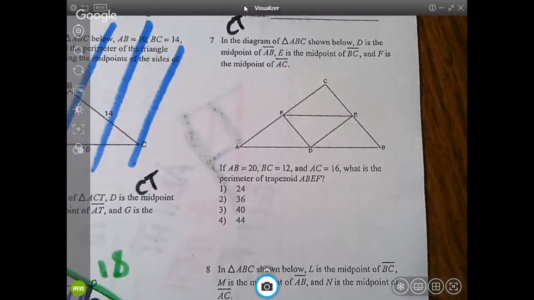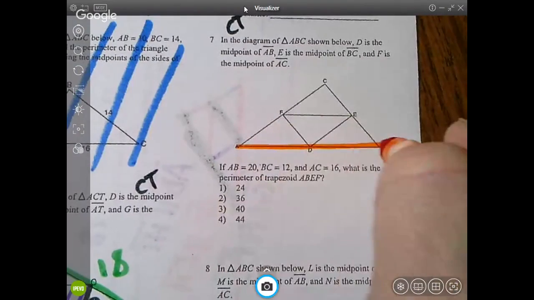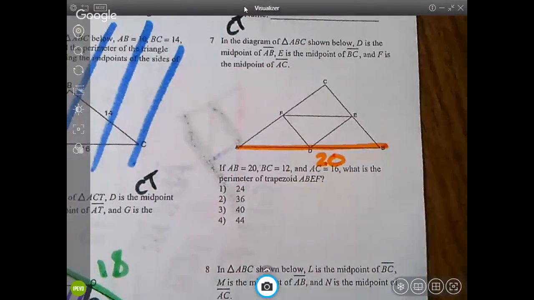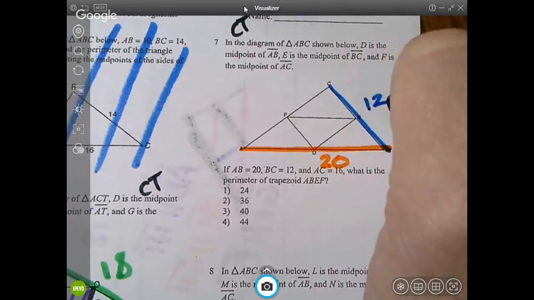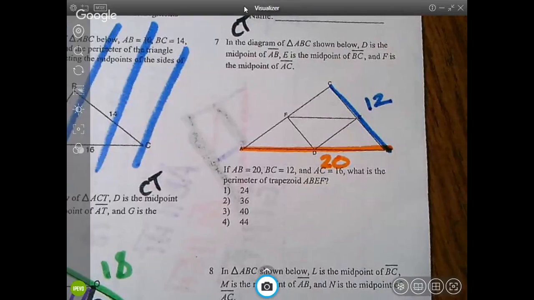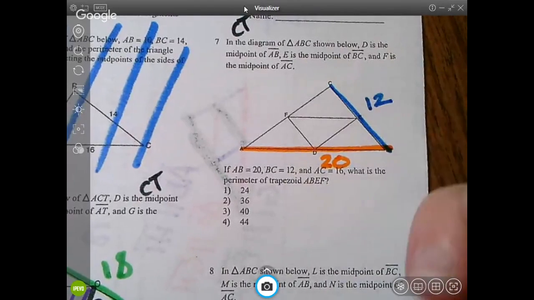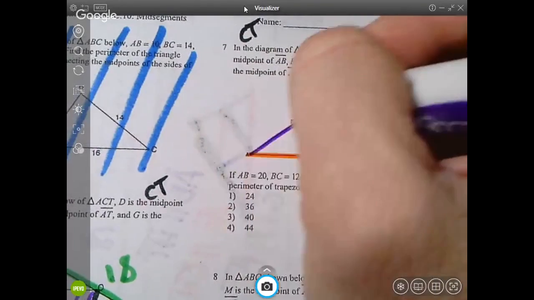In the diagram, we have all the midpoints. AB is 20. BC is 12. AC is 16.